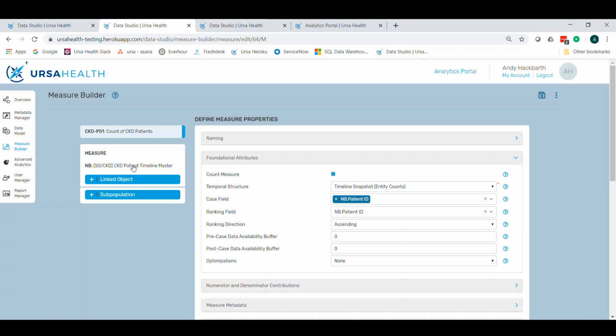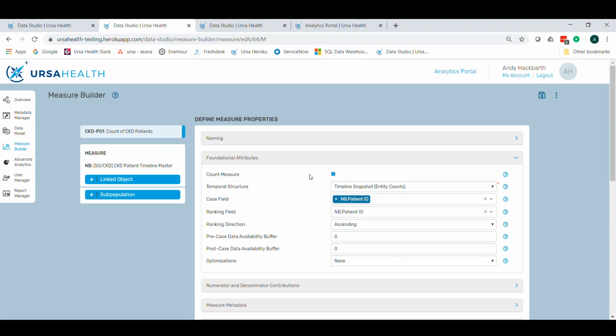I'm really just counting up those events or those entities per world or per universe. That's what a count measure is. It's a rate per 1, essentially, and that's how we're representing it behind the scenes.